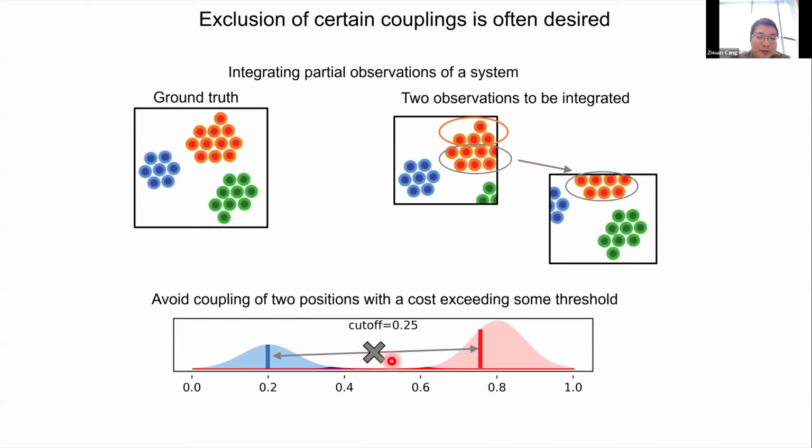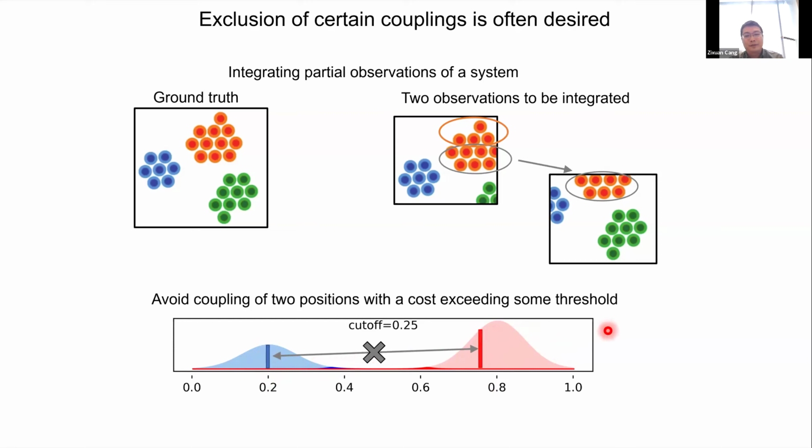And in some other scenario, for example, in cell-cell communication, let's assume this blue and red distribution represents ligands and receptors respectively. Then for some pair of locations, for example, this pair of blue and red locations, if their distance is too far away, we simply want to exclude the coupling between these two locations, right?